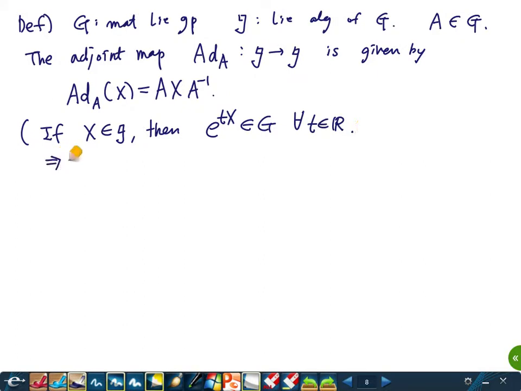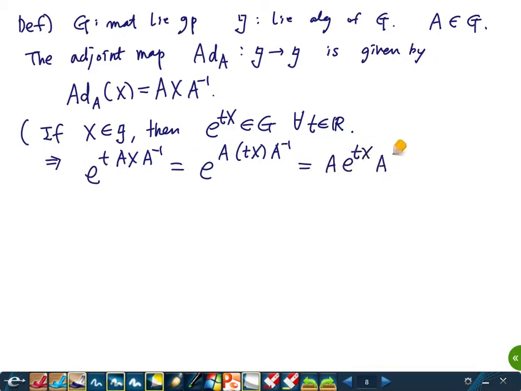So we want to know that e^(t A X A⁻¹) is in G. We have seen that whenever we have a matrix exponential like this, we can move A outside: A e^(tX) A⁻¹.